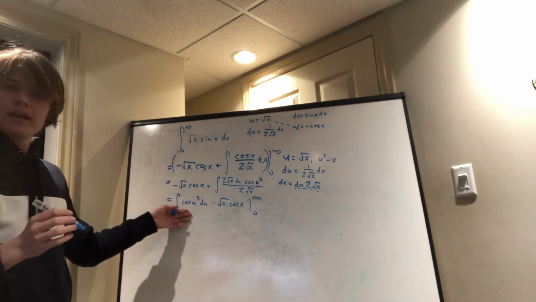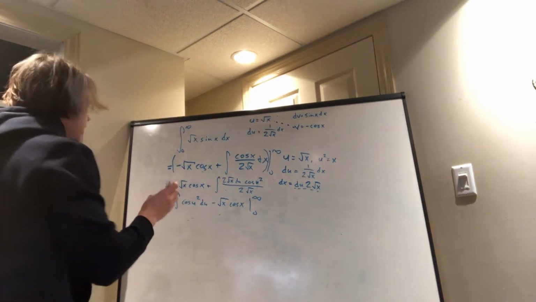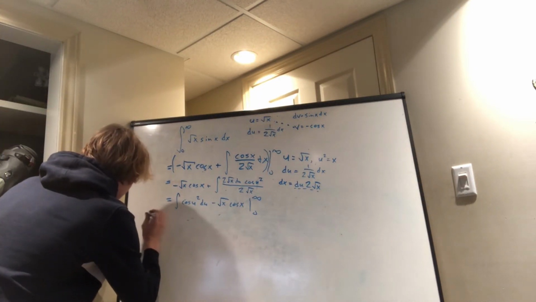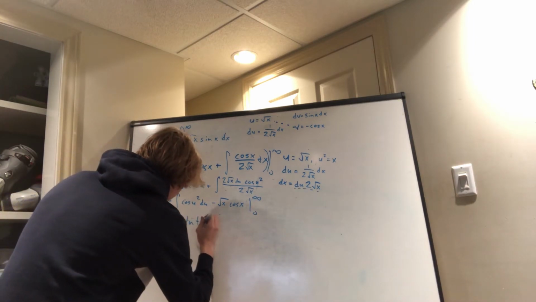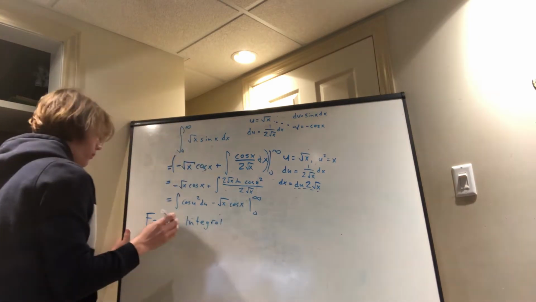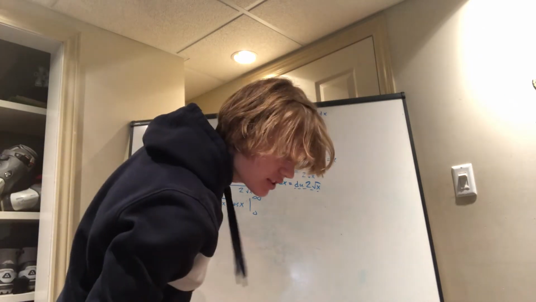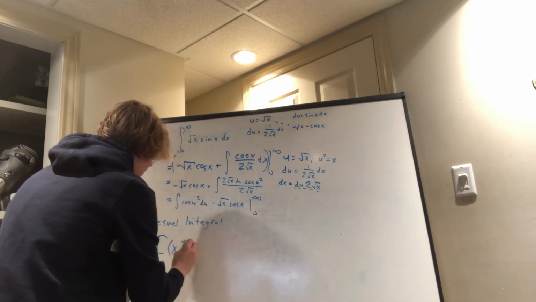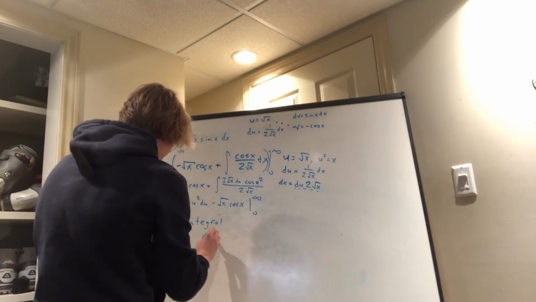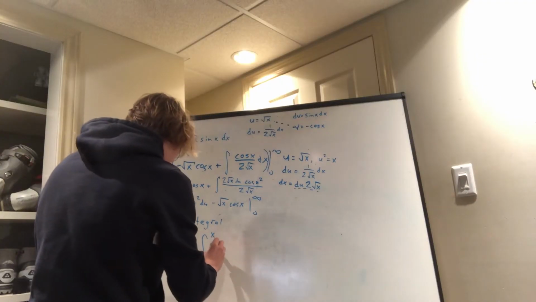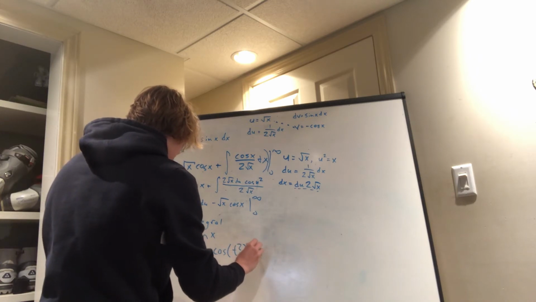So this is a pretty hard integral right now. And if you don't know, it is called the Fresnel integral. It has a special symbol, C of x, which basically equals the integral from 0 to x of cosine t squared dt.